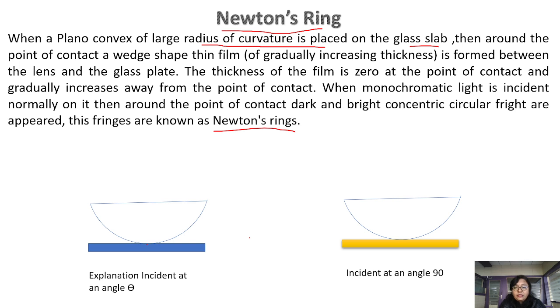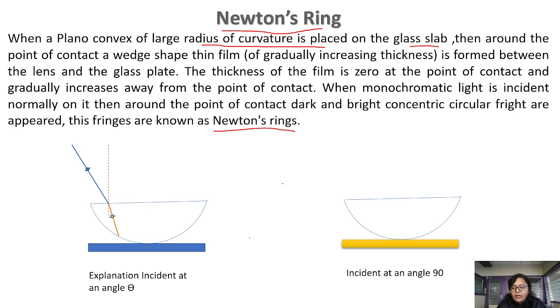Now if we make a monochromatic light incident normally on this, then around this point of contact, concentric dark and bright fringes appear, which are known as Newton's rings. So I think the definition of Newton's rings is clear to all of you. How Newton's rings look, we will discuss in our next slide.